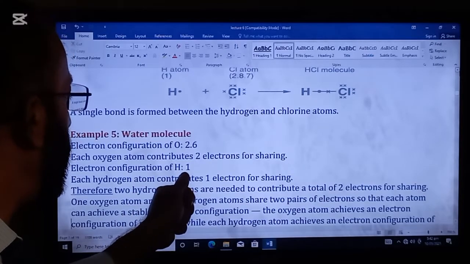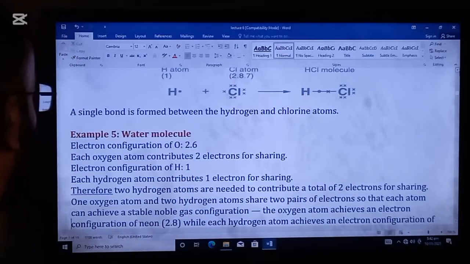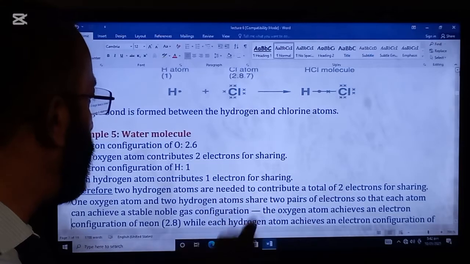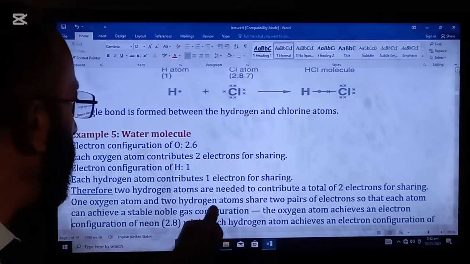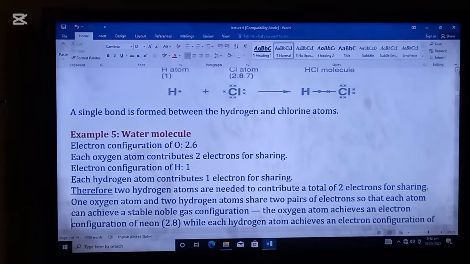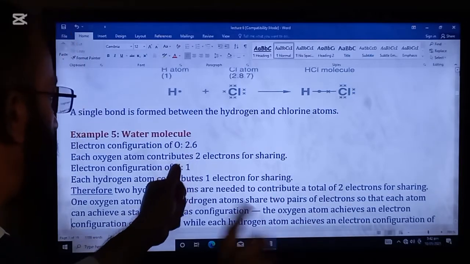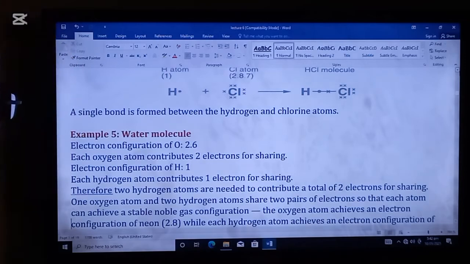From here we can see hydrogen requires 1 electron to achieve noble gas configuration. So that's why each hydrogen atom contributes 1 electron for sharing. Therefore, 2 hydrogen atoms are needed to contribute a total of 2 electrons for sharing. Because oxygen is going to share 2 electrons, that's why 2 hydrogens are required to contribute.